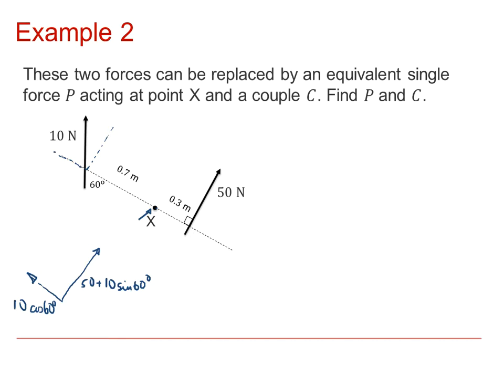Then we can calculate using Pythagoras' theorem the value of the resultant of those, which gives us our value of P that we want for the force acting at X. Well, cosine 60 is a half, so 10 cos 60 is equal to 5, and sine 60 is equal to root 3 over 2, so this is 50 plus 5 root 3.